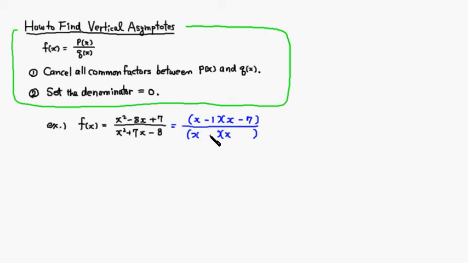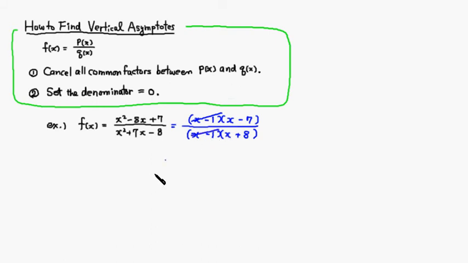I'll try negative 1 and a positive 8. Then the sum is positive 7, so that will work out. Then you notice that there's a common factor, the quantity x minus 1, on top and the same thing on the bottom. So we're going to go ahead and cancel those.